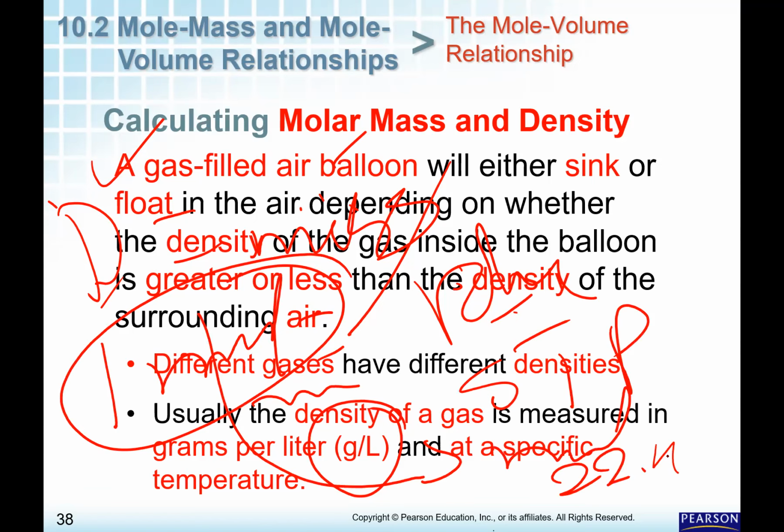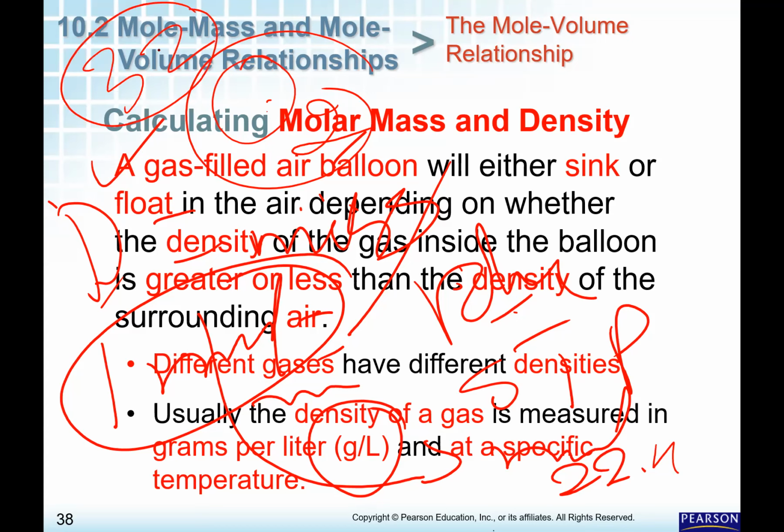So for any gas, if I know the formula of the gas, let's say, for example, O2, the molar mass is 32. I know that 1 mole of that weighs 32 and that 1 mole of oxygen will occupy 22.4 liters. So here I have a mass and a volume, and that's what I need.